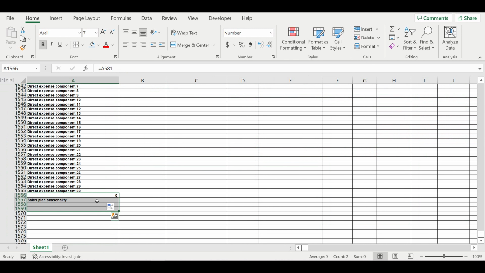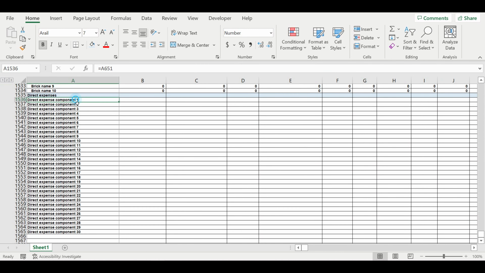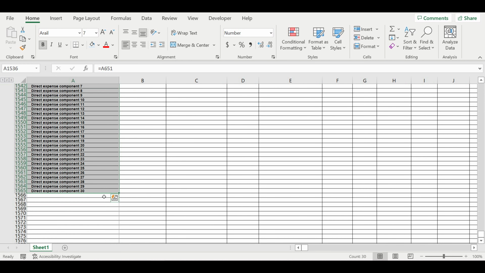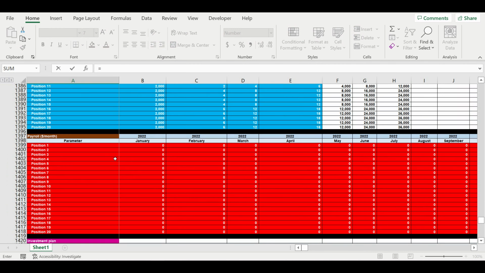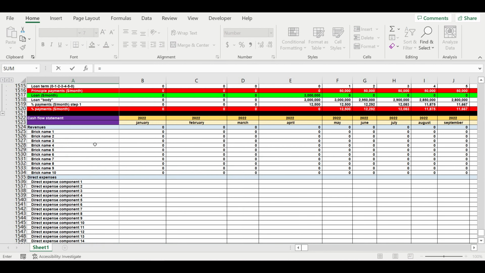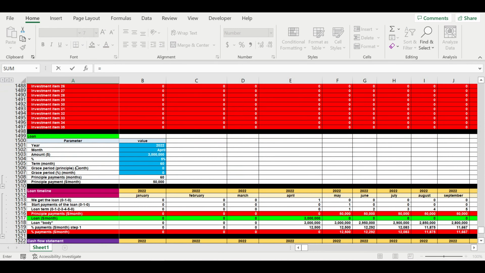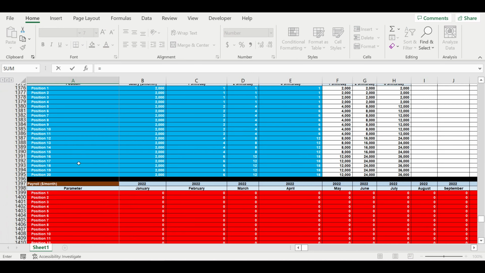For example, clay, different types of clays. Then we also have pellets. We have electricity expenses.